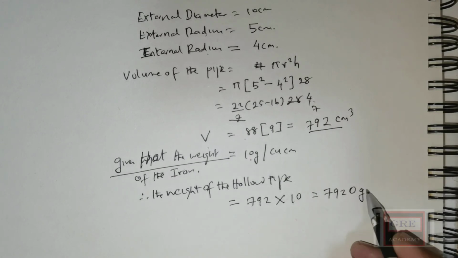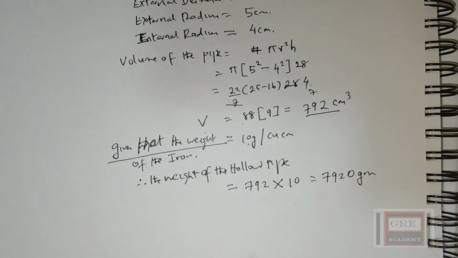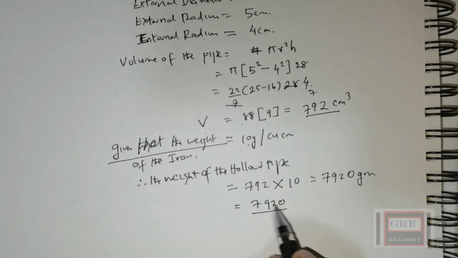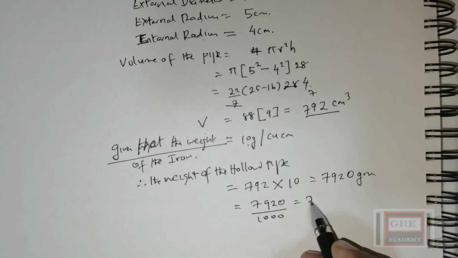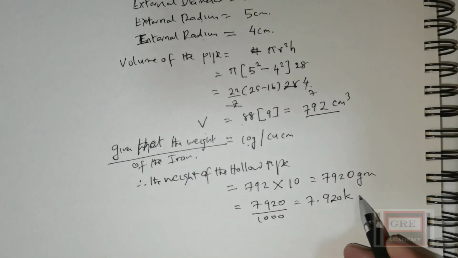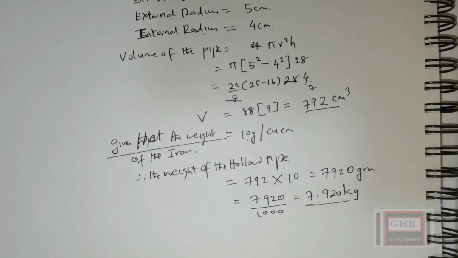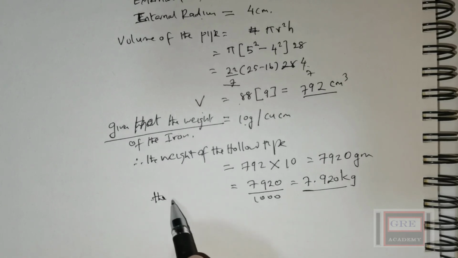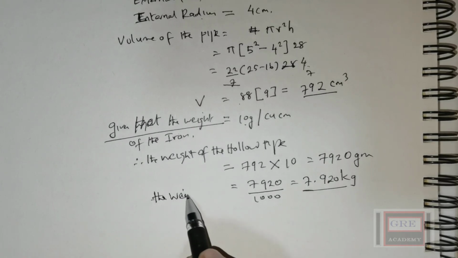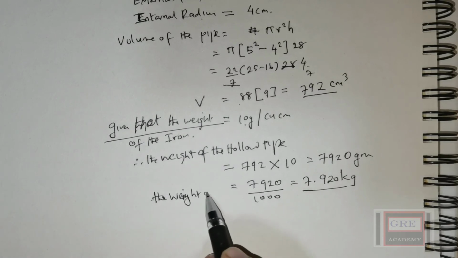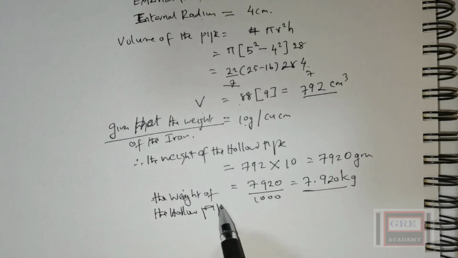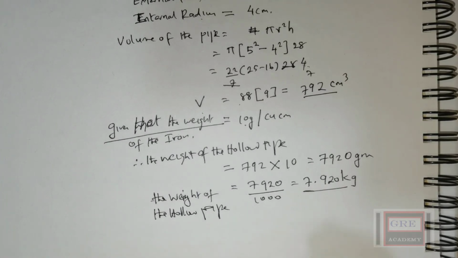This is in grams. Okay, now if you want it changed into kilograms, you have to divide by 1000. So that would give you 7.920 kg. So this is the weight of the hollow pipe. So simply write it as the weight of the hollow pipe is equal to 7.920 kg.